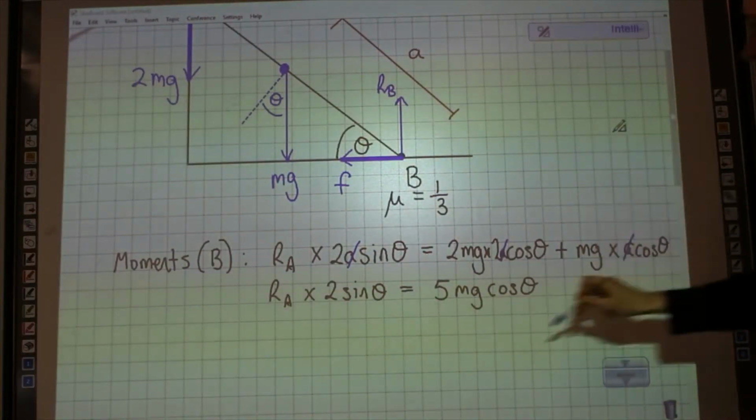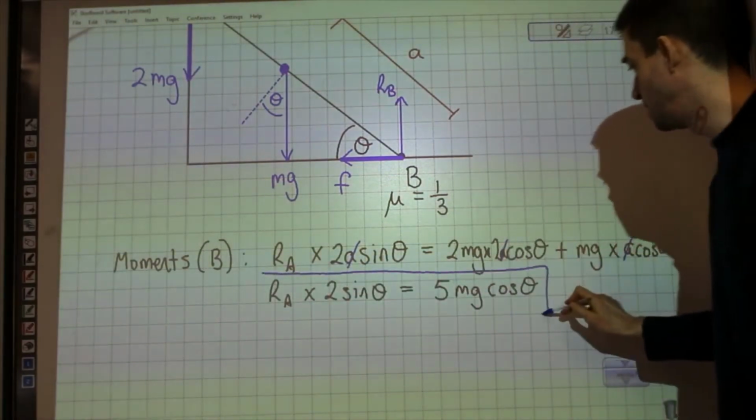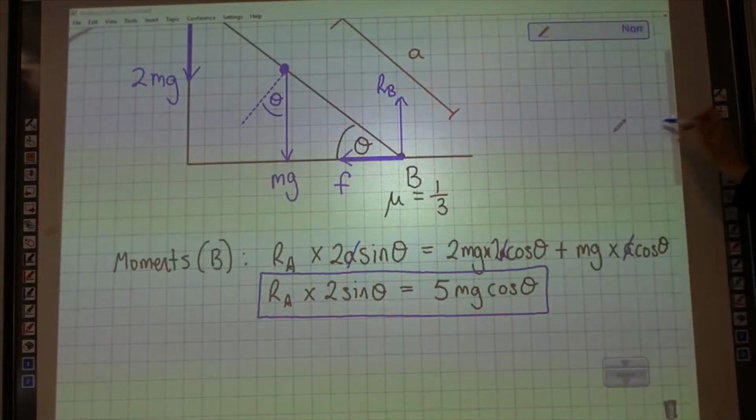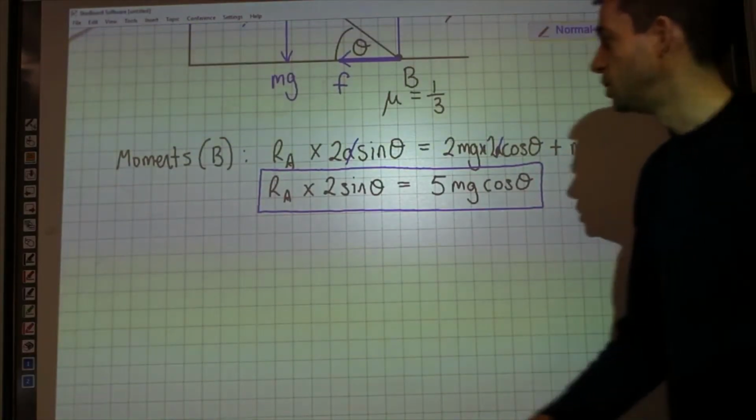At the moment that isn't helping me find any unknowns, but it will later on, so I'm going to box that so I don't lose it and move on to the next thing, which is to resolve vertically.